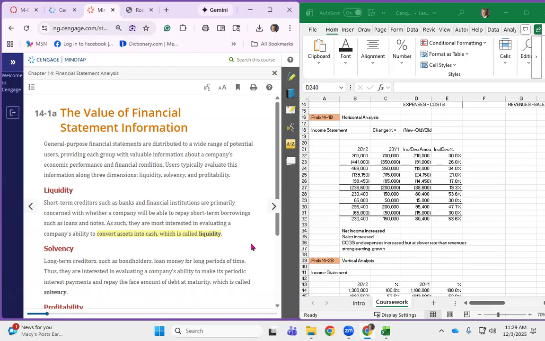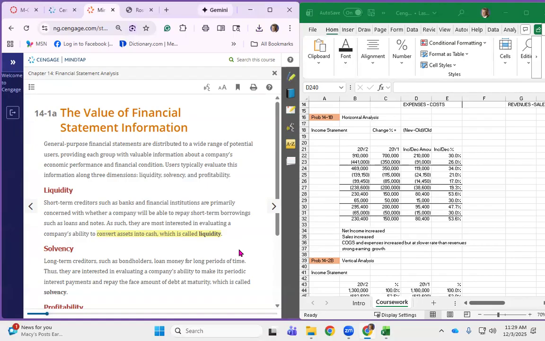Well, cash is already cash, so cash is as liquid as it gets. Then the next thing would be maybe marketable securities or accounts receivable. How quickly can those be liquidated and turned into cash? Then you take your inventory and your other current assets. How quickly could those be turned into cash?